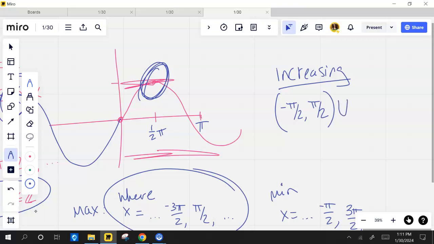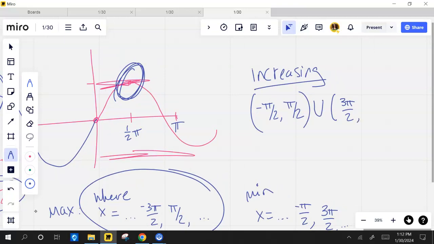I'm going to hook a U to it. Where does the next increasing start? Nope, look closely. Yes, 3 pi/2. Well, we exclude it because it's not technically increasing at the point that it turns, because it's a turning point.